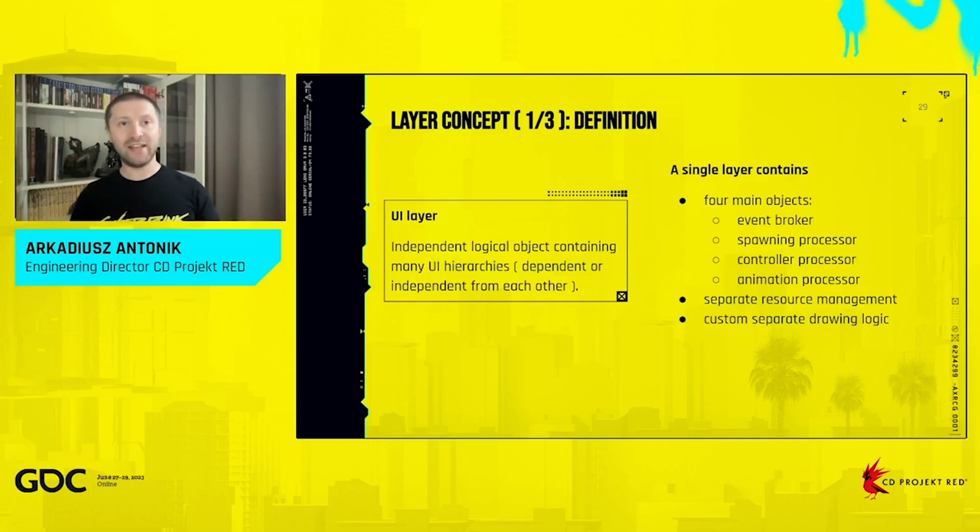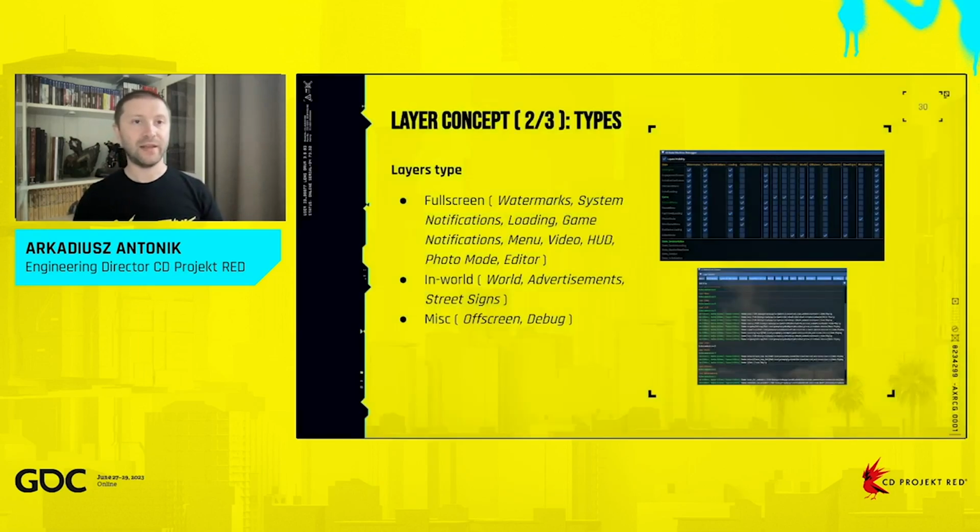You can imagine that resource handling for full-screen UI is different than for UI in the world. Finally, in the game, we had 12 different UI layers, separated because we had to handle some specific aspects differently for each of these layers. Mostly, it was related to optimization rules and tricks.